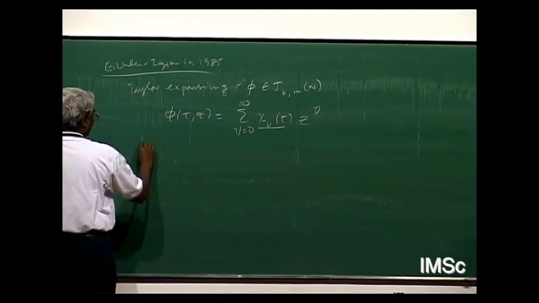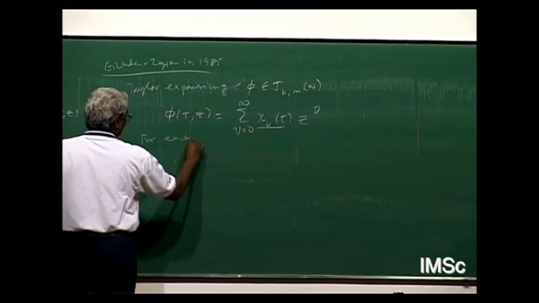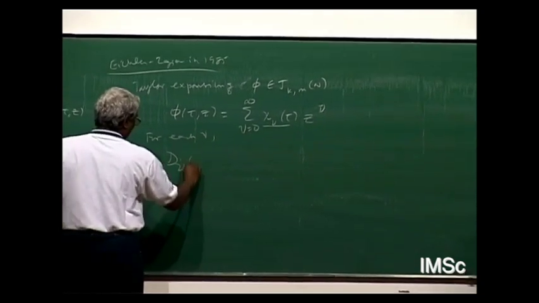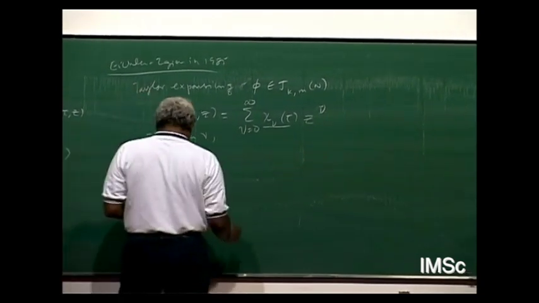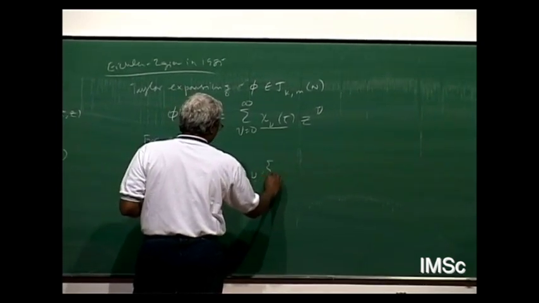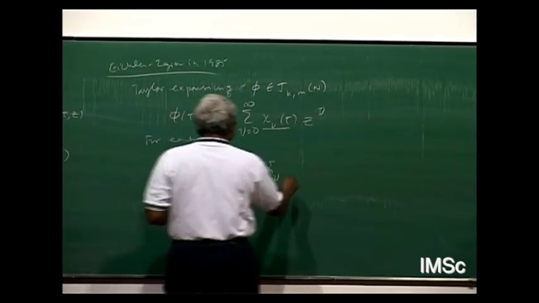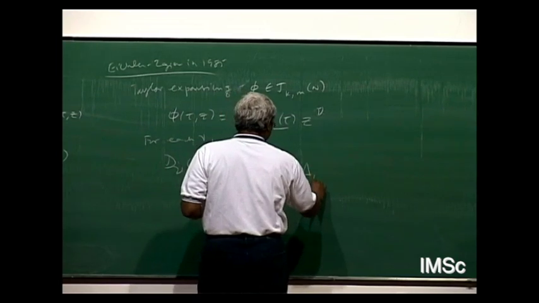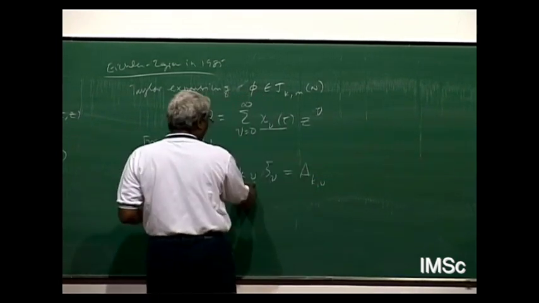So for each nu, define D_nu of phi to be some constant times psi_nu, and this constant depends on k and nu.